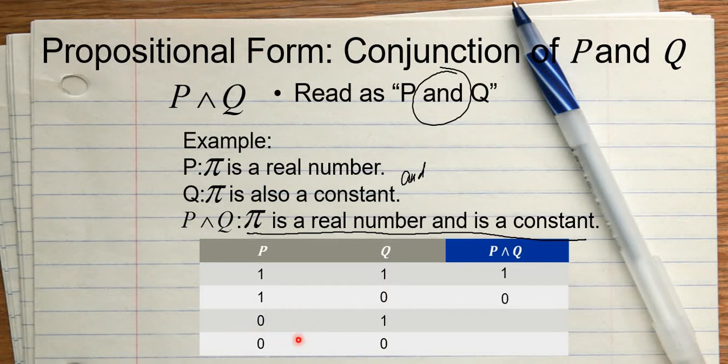Similarly, if P is false and Q is true, then it will still give us a false proposition. And if both propositions are false, then it will just be a false proposition for the conjunction as well. So as we can see, the conjunction will only be true if both statements are true. Otherwise, the rest would be false.